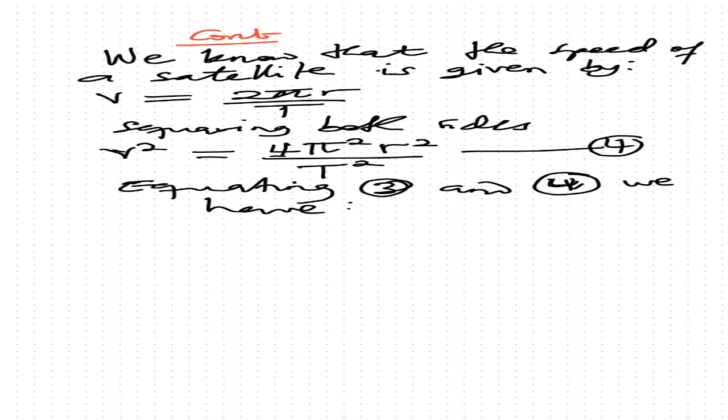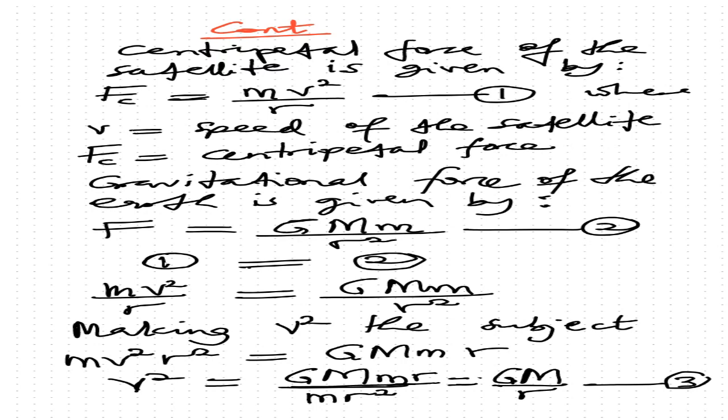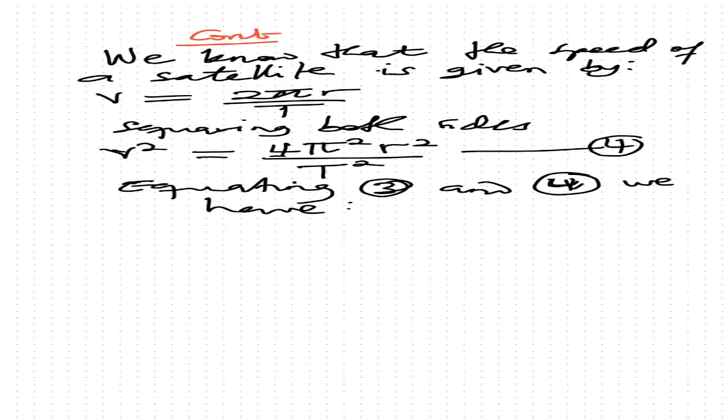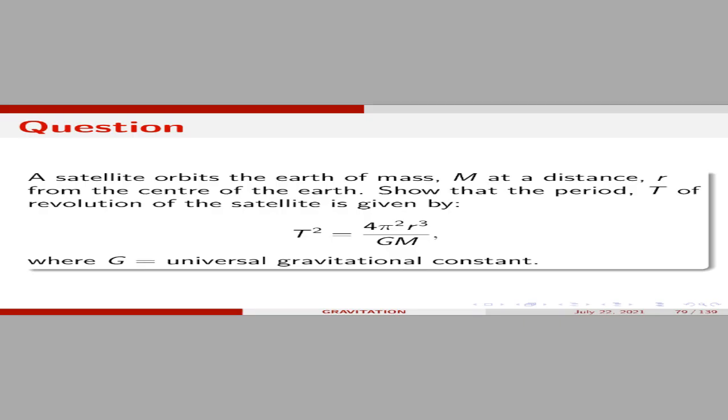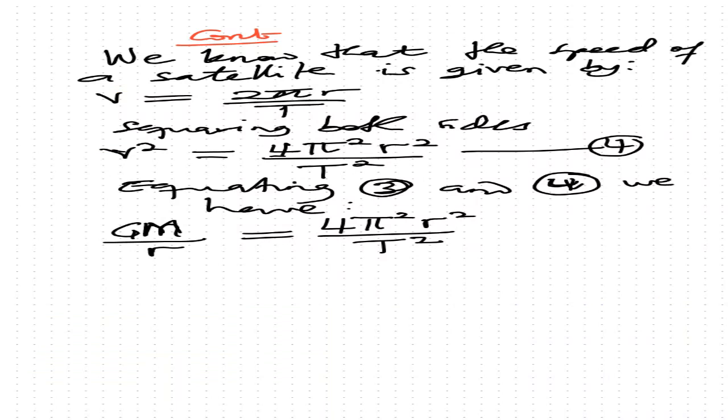This is equation 3, GM over r, equals 4 pi squared r squared over t squared. Now let's go back to the question. The question is expressed in terms of t squared. So this is where our answer is coming. Okay, we have gotten here.